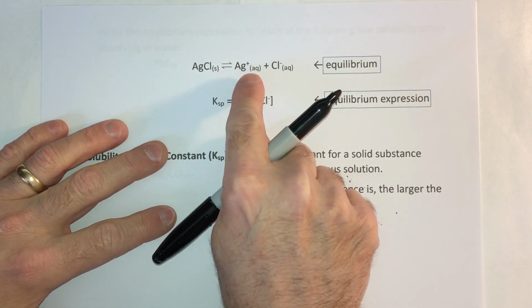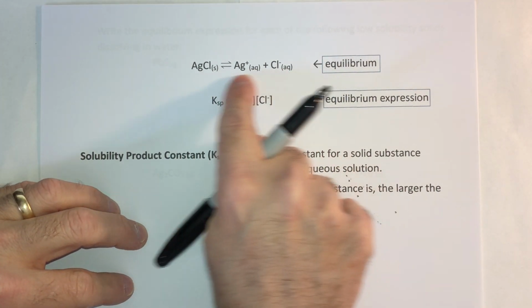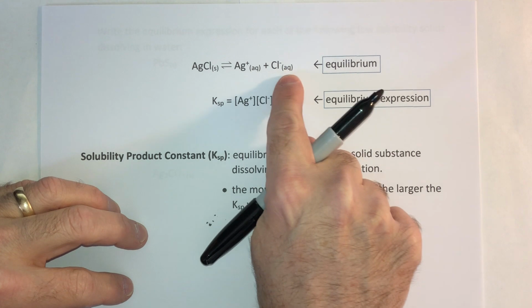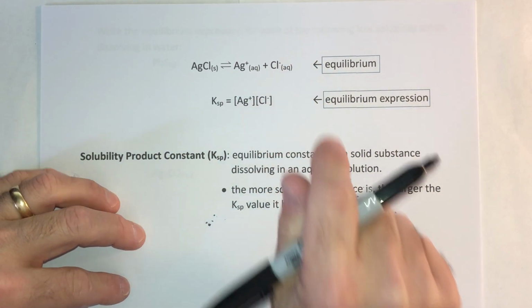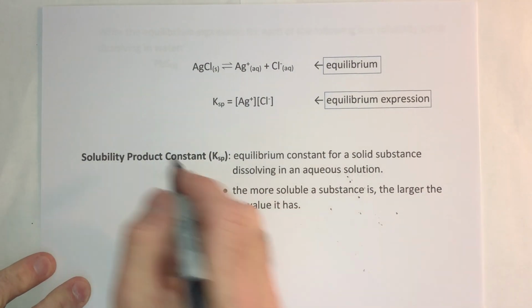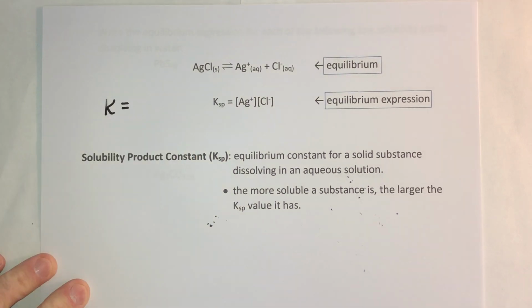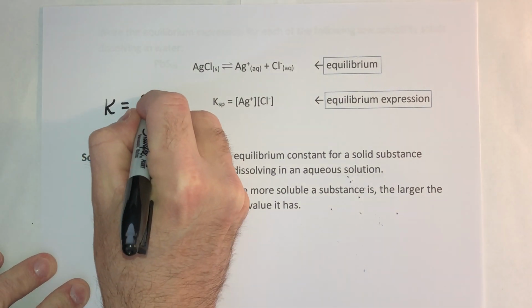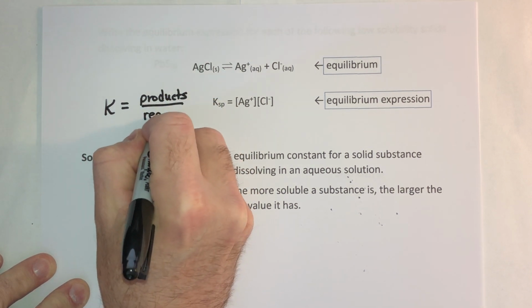You have both solids and aqueous species, right? Heterogeneous means you have a mixture of solid, liquid, gas, or aqueous. If this was a homogeneous equilibrium, they would all be aqueous or they'd all be gases. They'd all be the same, okay? Now, the reason I say you might want to go back is because an equilibrium expression is always the equilibrium constant, K, equal to the products divided by the reactants.